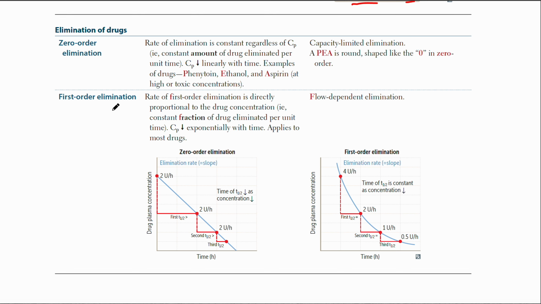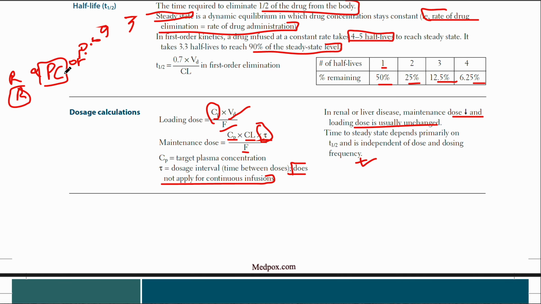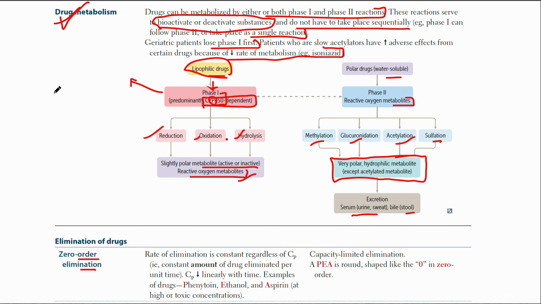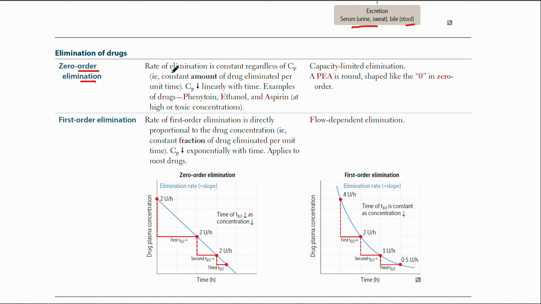So let's talk about elimination of drugs. Zero order elimination: I have talked about this formula here. Rate of elimination is directly proportional to plasma concentration to the power of order. So in zero order elimination, rate of elimination is constant, regardless of CP, that is, a constant amount of drug is eliminated per unit time. In this case it is a constant amount of drug, but in first order kinetics, it is a constant fraction of drug eliminated.